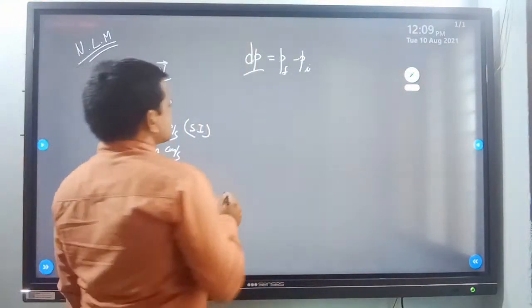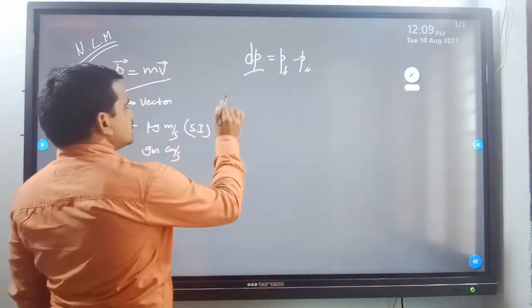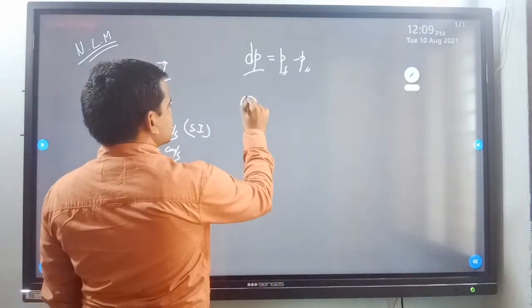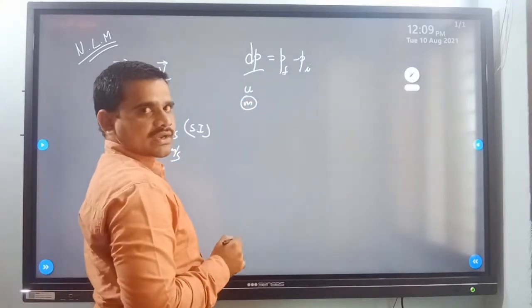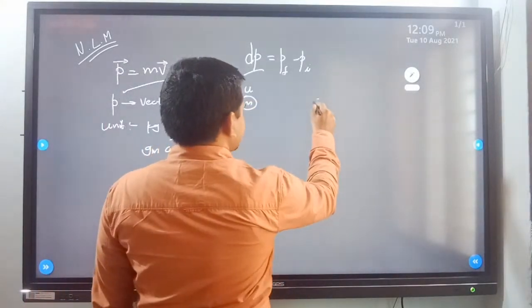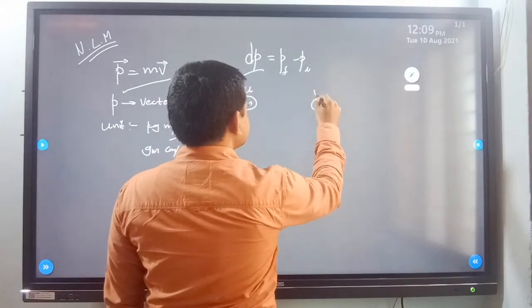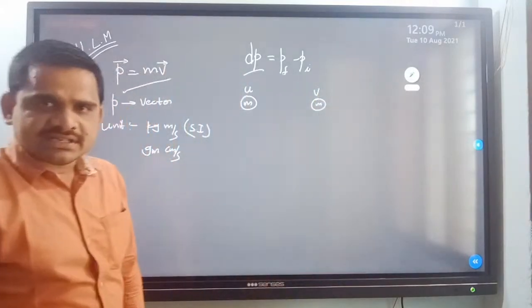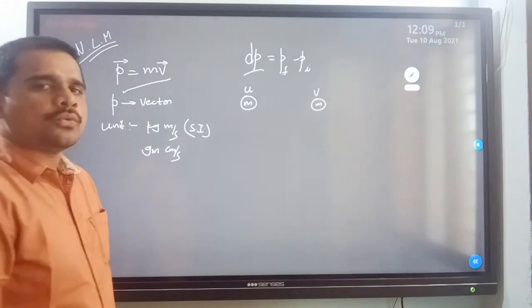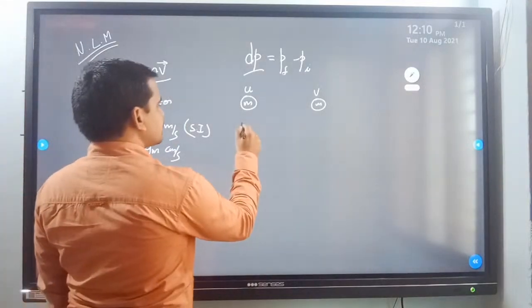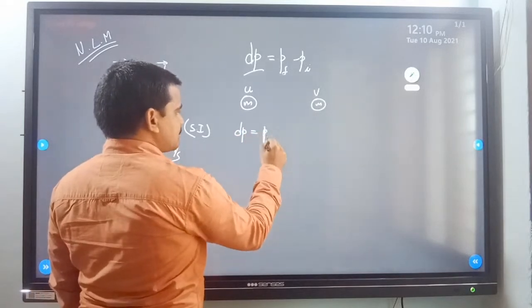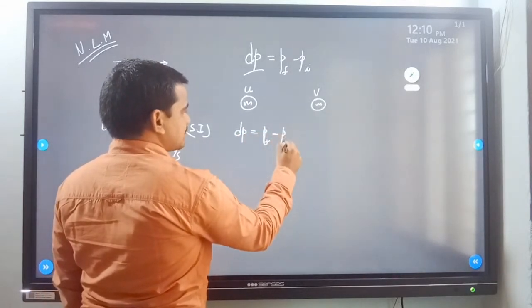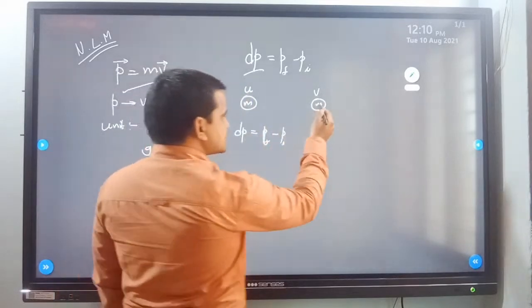Next, let's consider a body of mass m moving with a velocity u, and after some time its velocity becomes v. What is the change in linear momentum? It means final momentum minus initial momentum.